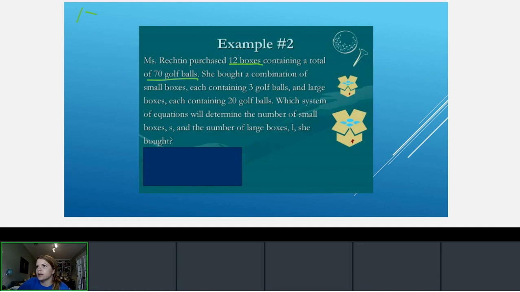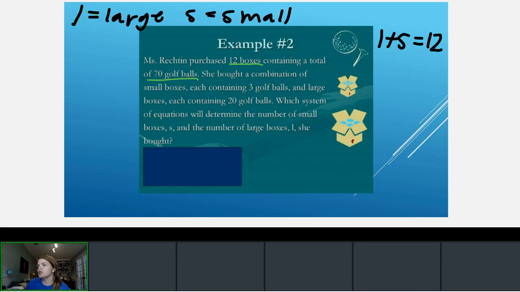Okay, so let's go back to our variables. Large boxes is going to be L. Small boxes is going to be S. So how many total boxes did she buy? Ms. Recton purchased 12 boxes. So large plus small, 12 total boxes.